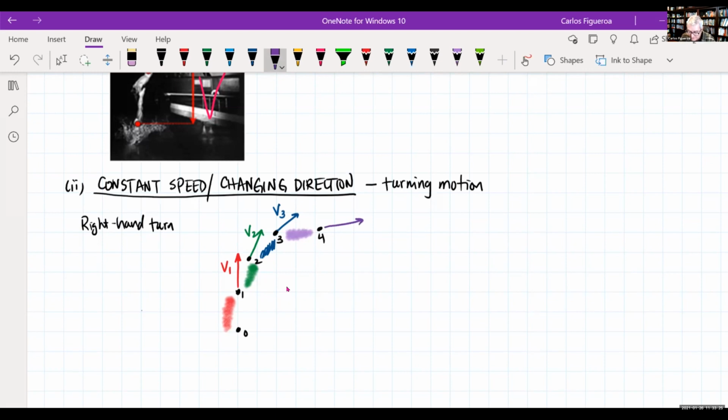So what you're finding here is that the direction of motion is always the direction of the velocity.